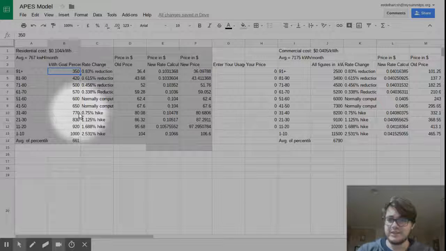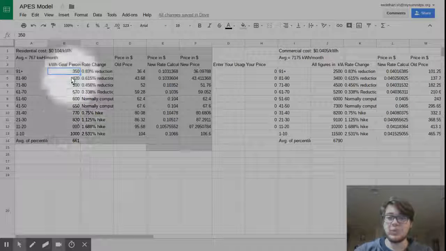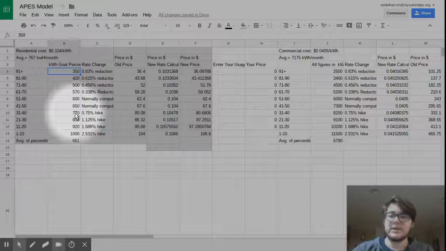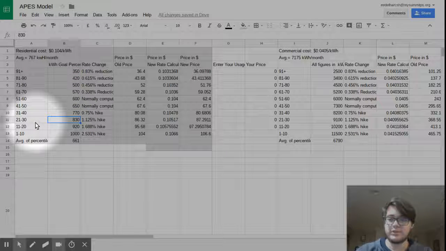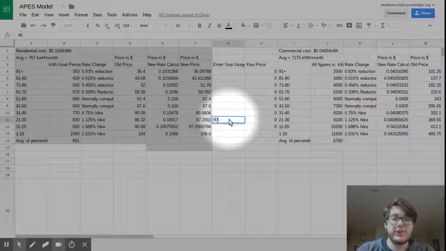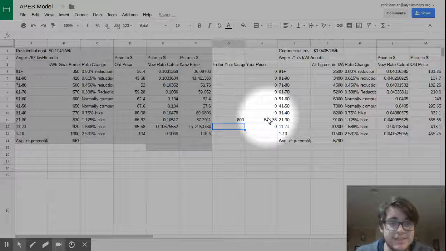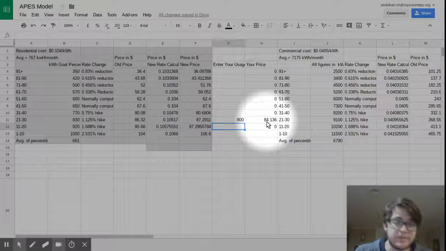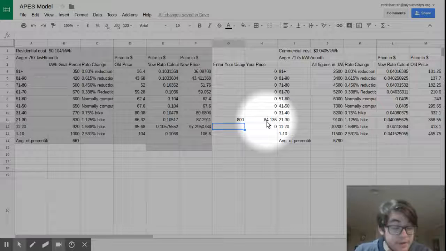They'd find a percentile. So since it has a goal, the range is supposed to be anything between 770 and 830 goes in this line, the 21 through 30. So if we go over here, we enter 800 kilowatt hours, and their price is $84.13 a month. So it's pretty cool.